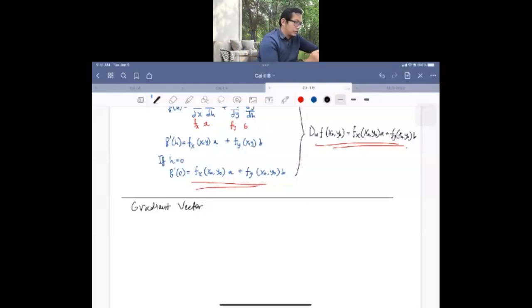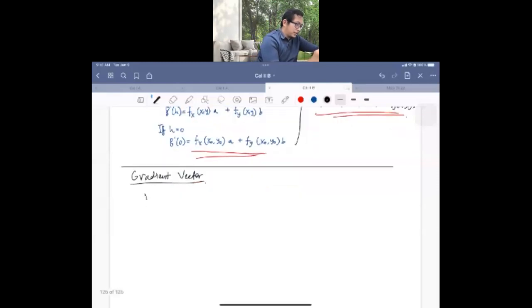So the gradient vector, what is the gradient vector? Let me write again: this directional derivative is equal to partial x multiplied by a plus partial y multiplied by b. A and b are the components of the unit vector in the x and y directions.